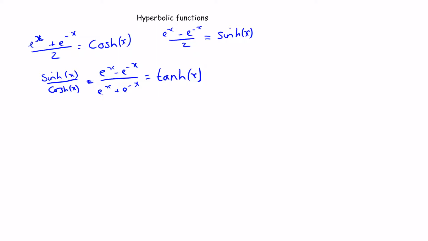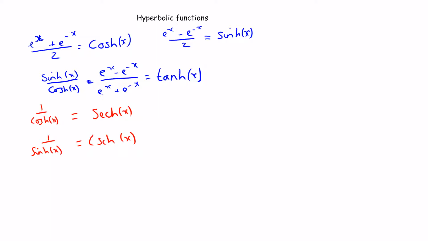Now, there are another 3 hyperbolic functions that we want to look at today. We have 1 over cosh of x, which is sech x. We have 1 over sinh of x, which we call cosech.